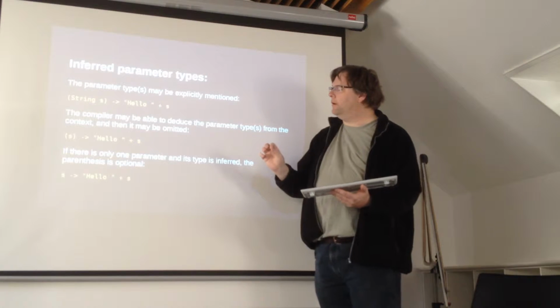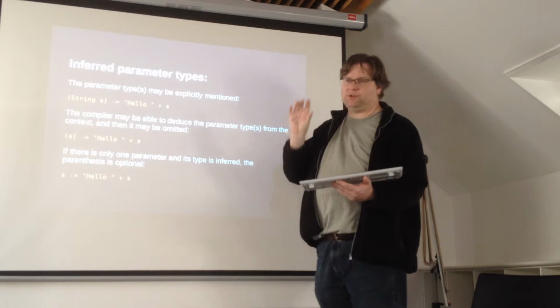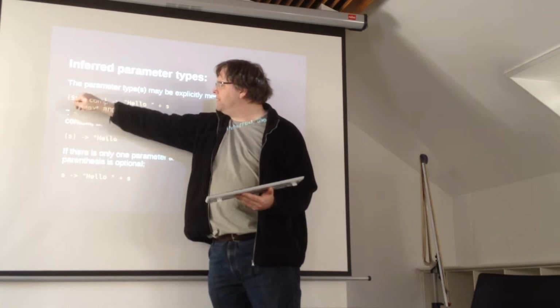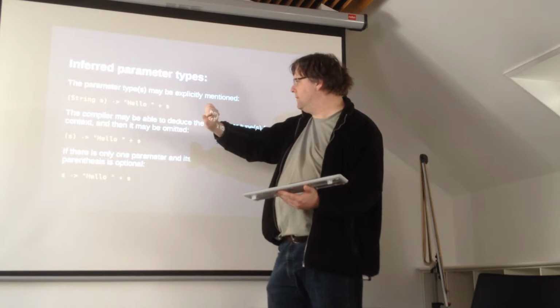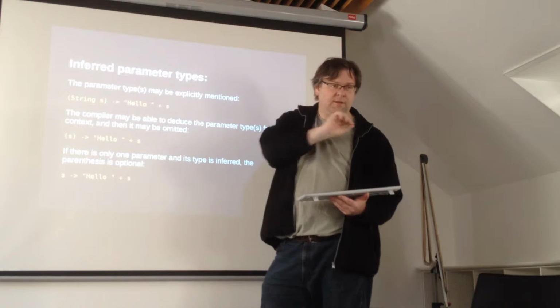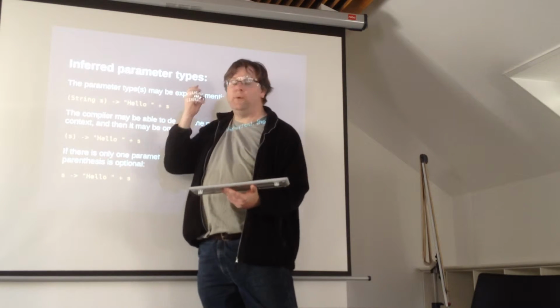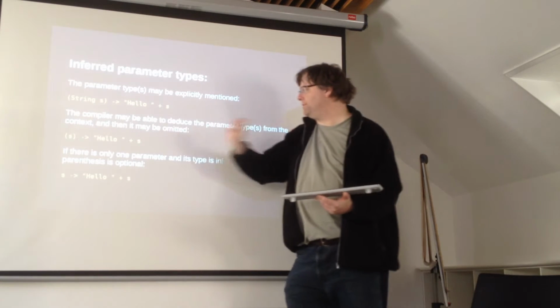The compiler can help, and that allows for making lambda expressions simpler. Either, as we've seen so far, you can explicitly name the type of the parameters. If, from the given context, the compiler can deduce that this will always be a string, we don't have to mention it, giving this lambda expression.